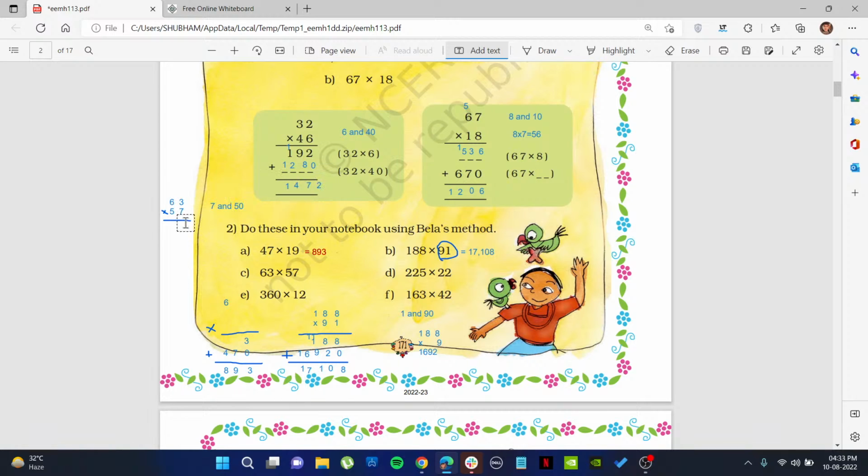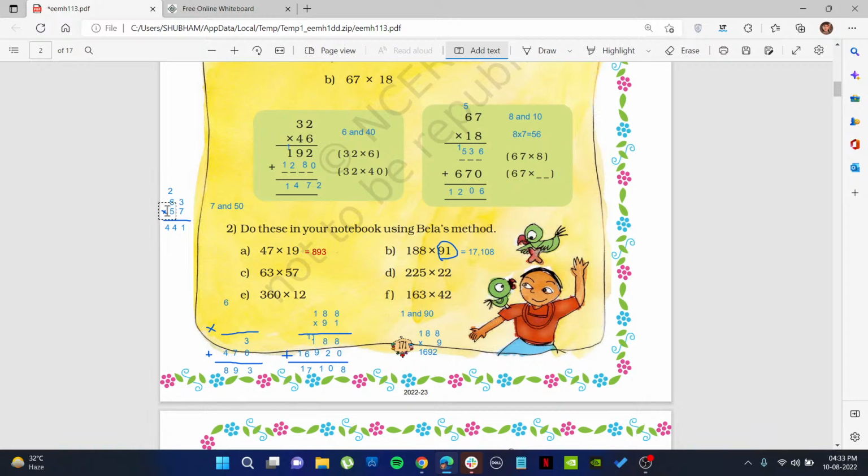Let's do it together. 7 times 3 gives us 21. So we'll be writing 1 here. 2 will be regrouped to the next column. 6 times 7 gives us 42. 42 add 2 gives us 44. So we get 441.